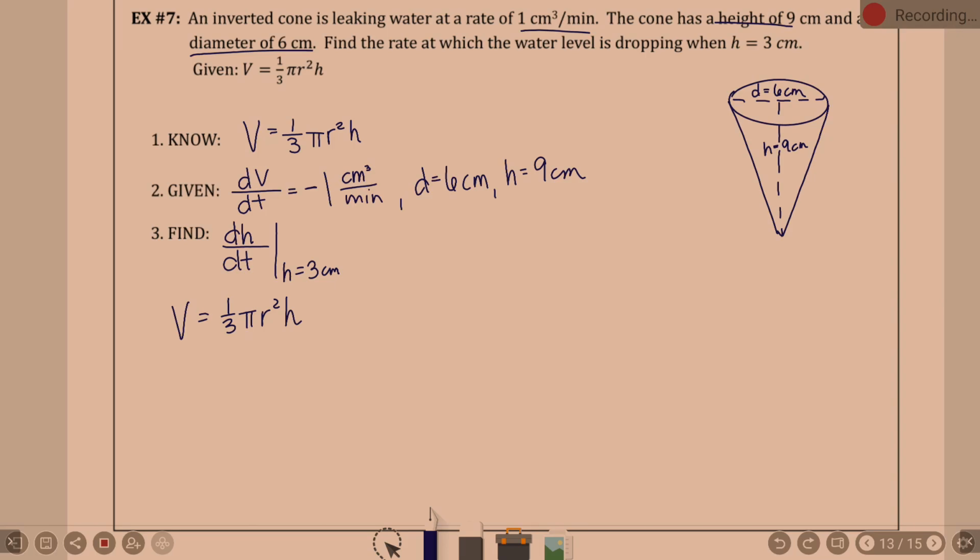We were given dV/dt. We're trying to find dh/dt. Do we have any information about dr/dt? We do not. So we have to adjust this formula so that everything is in terms of h and we get rid of r.